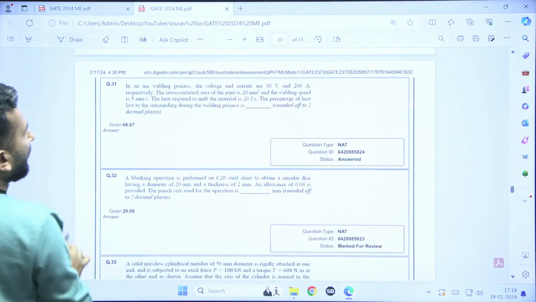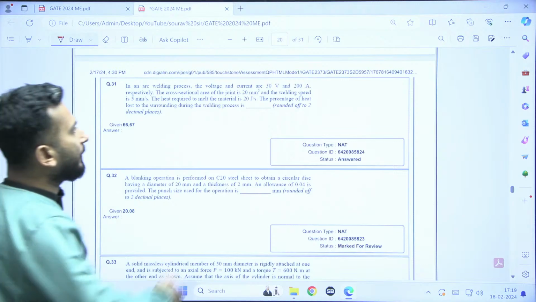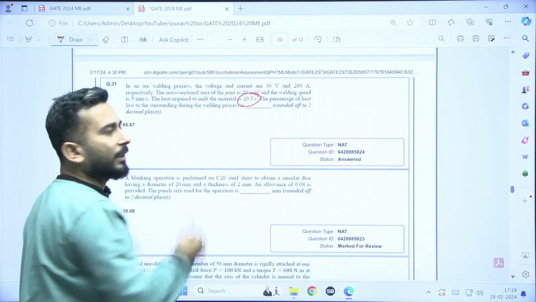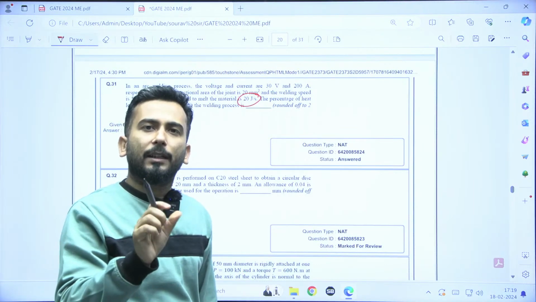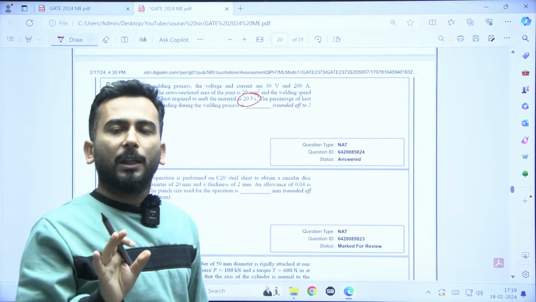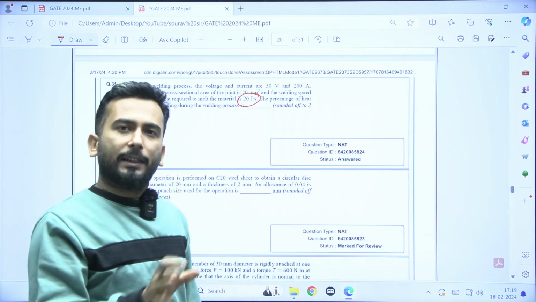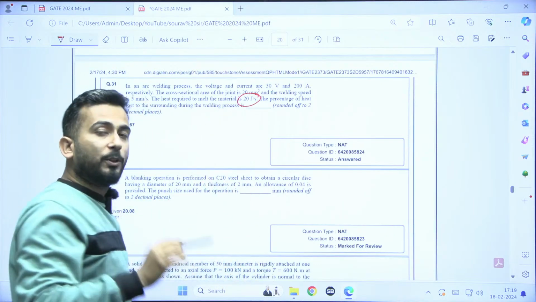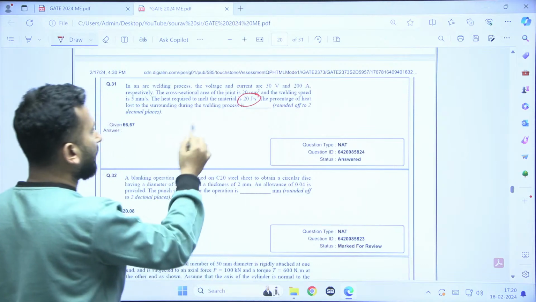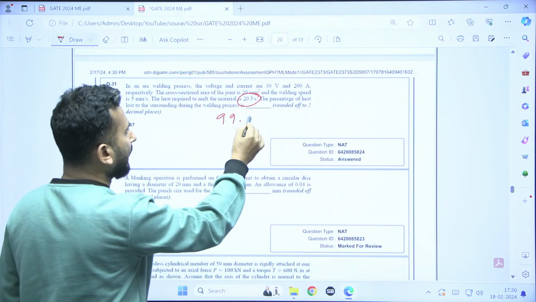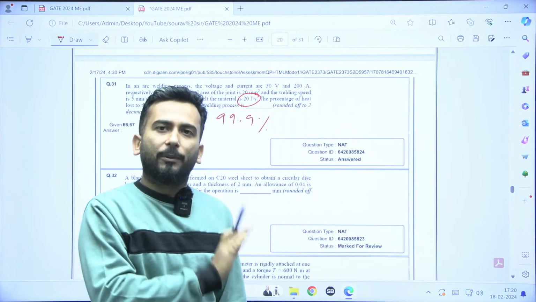Okay, arc welding, this is again a very controversial question. Why? Because there is ambiguity regarding the unit. For the unit, whatever you have studied, the unit is joule per mm cube, for melting a material: for 1 mm cube, how much energy is required? So the unit should be joule per mm cube. Still, if you have done it as per the given data, your answer should have been coming 99.9 something percentage, which is right as per whatever data they have given.